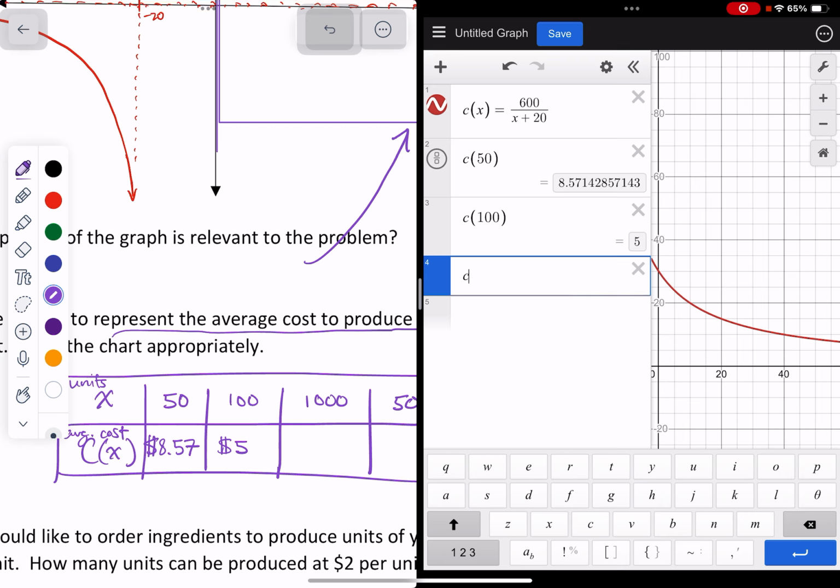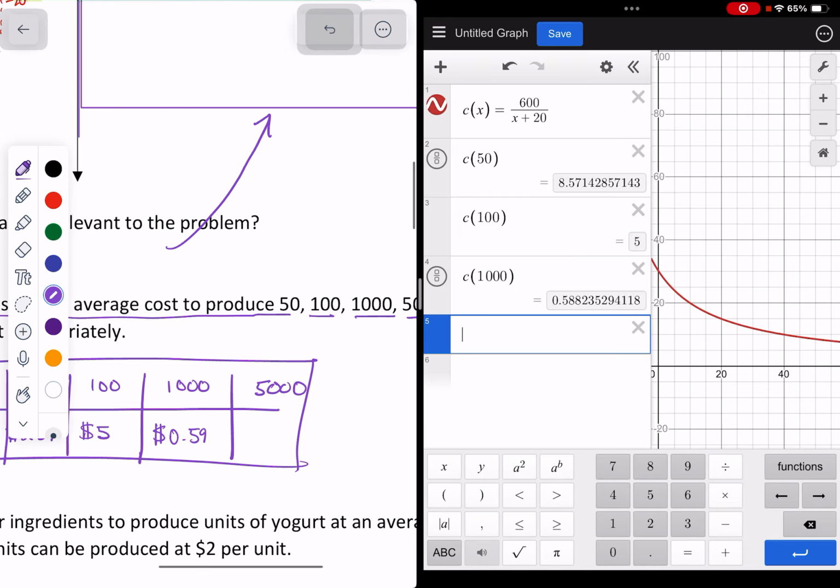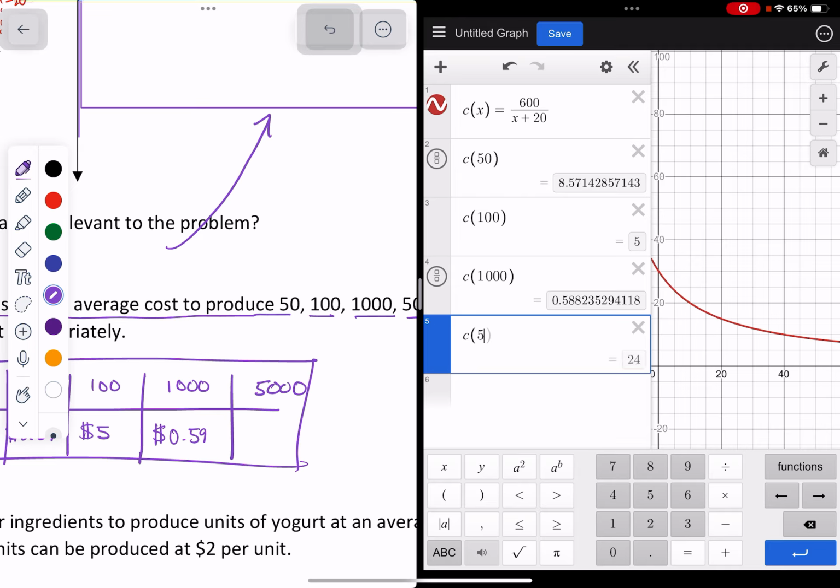C parentheses 1,000. Oh boy. I get 59 cents approximately. And let's see the last one. 5,000. Wow. Cost went down a lot.